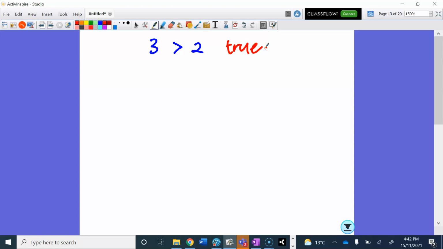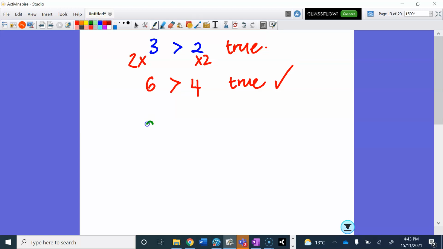So then if I did something like I've been doing with solving, and I say I might want to multiply by 2 on both sides, and I end up with a new statement that says 6 is greater than 4. So at the moment, still true. So I'm okay with doing things to both sides of the equation as long as the numbers are positive at this point.